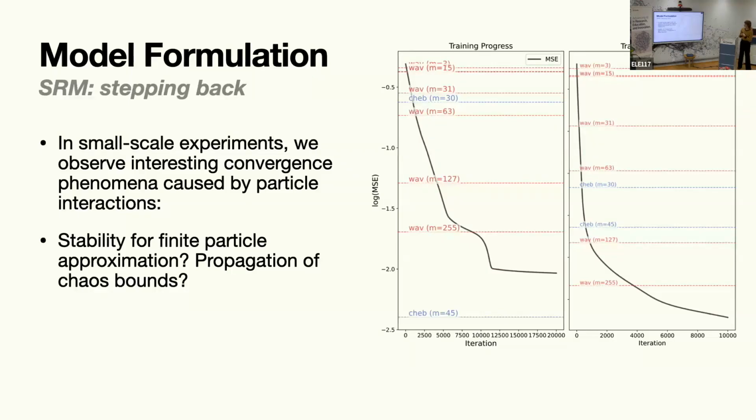So this is interesting to us. As well, we definitely need to prove finite particle approximation bounds. And I think there is an interesting direction to explore the interplay between training geometry and finite particle stability.